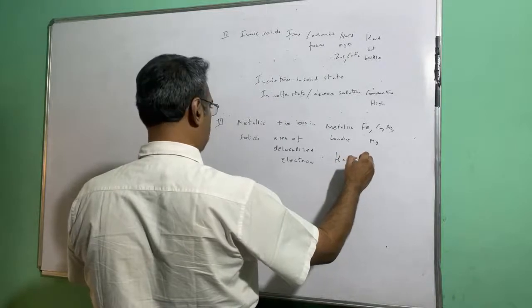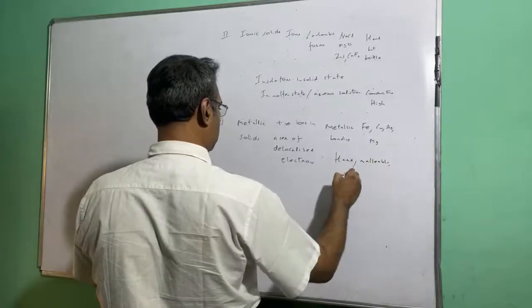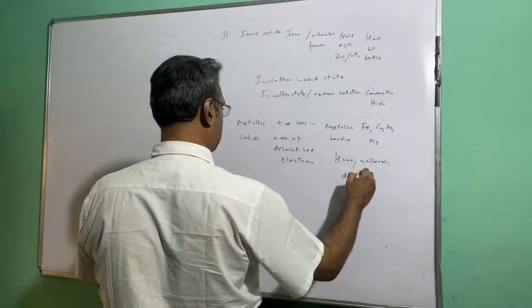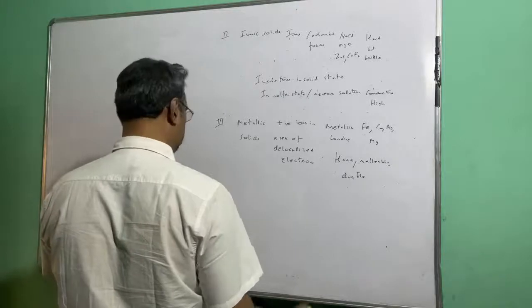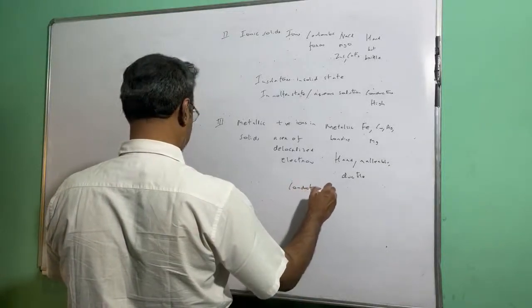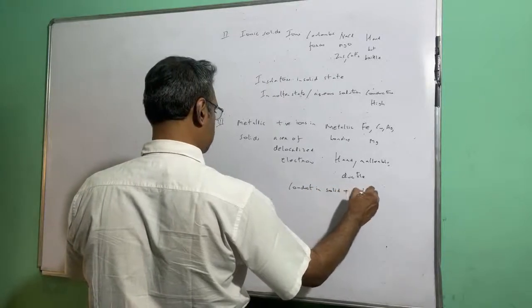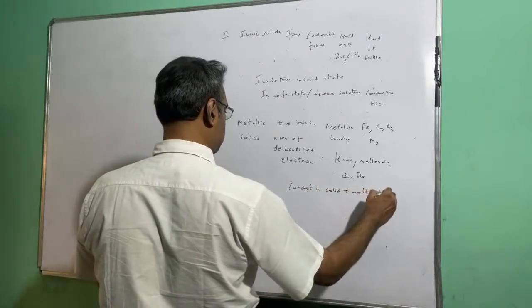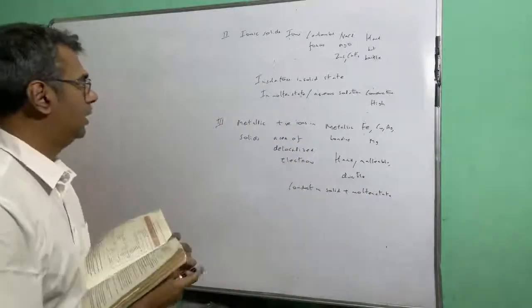They are hard, malleable and ductile, and they conduct in solid state as well as molten state. So this is a very big difference between metallic solids and ionic solids.